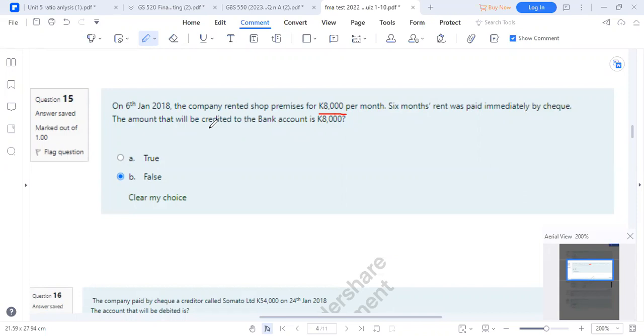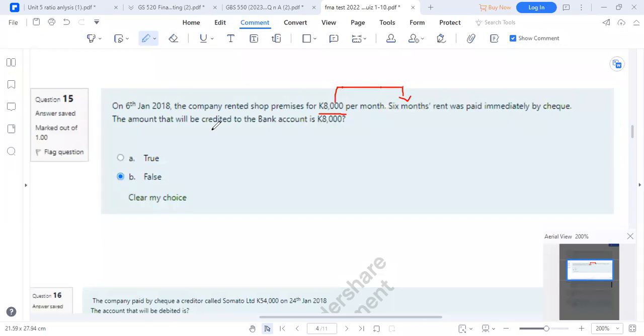On the 6th of January 2018, the company rented a shop. For how much? 8,000 per month. All right, then 6 months rent was paid immediately by check. So this 8,000 is per month, and 6 months rent was paid by check.